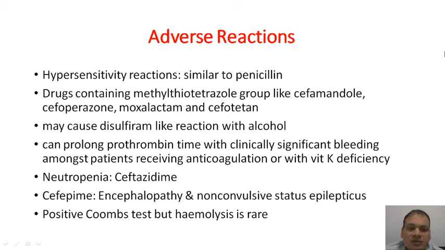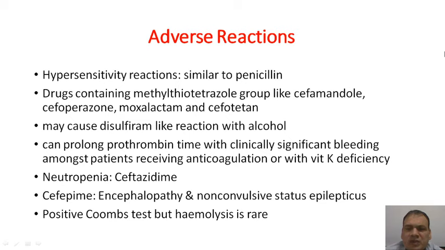The second adverse effect which can occur with these four drugs is that they can prolong the prothrombin time and can lead to bleeding. So it can cause hypoprothrombinemia leading to bleeding among patients who are receiving anticoagulation or who have vitamin K deficiency.